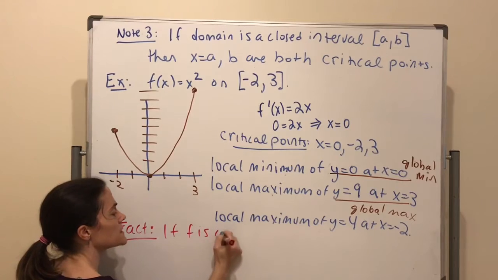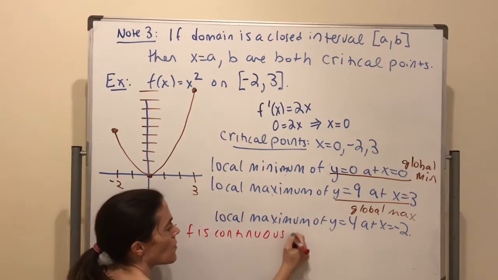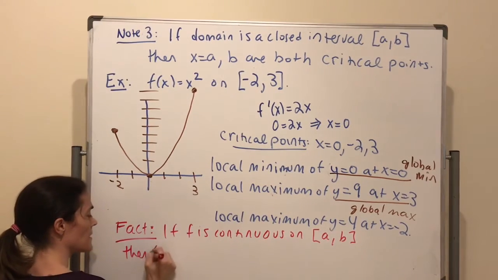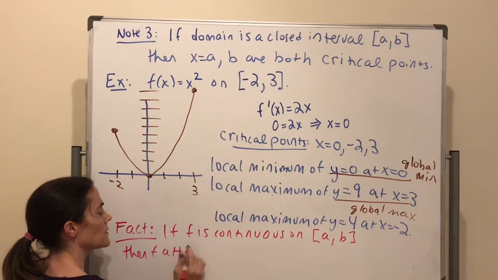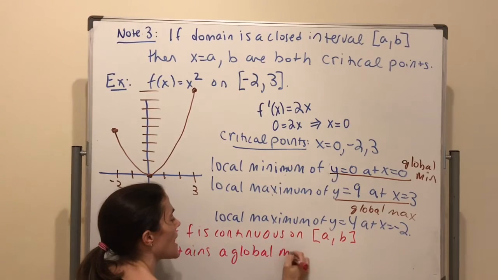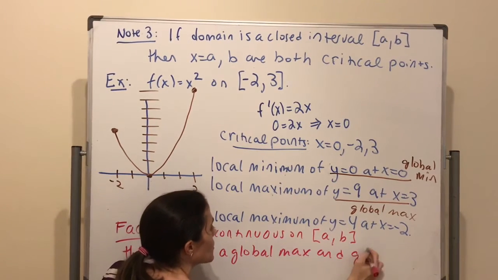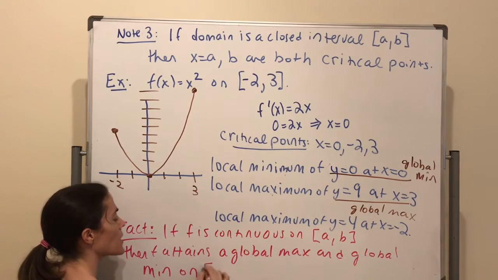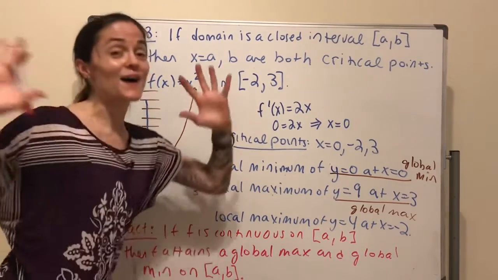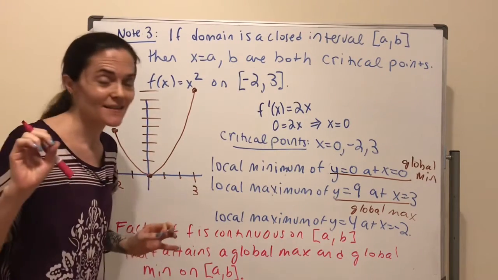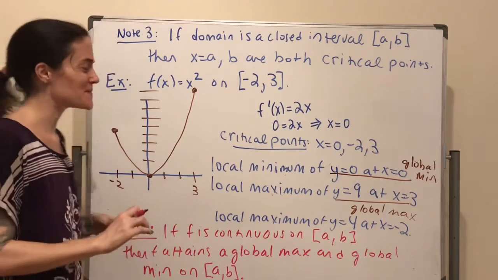If f is continuous on the closed interval a to b, then f attains a global max and global min on this interval. Okay, this is why we love closed intervals, because every continuous function on a closed interval attains both a global max and a global min.